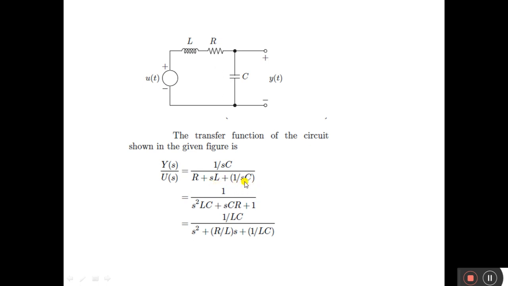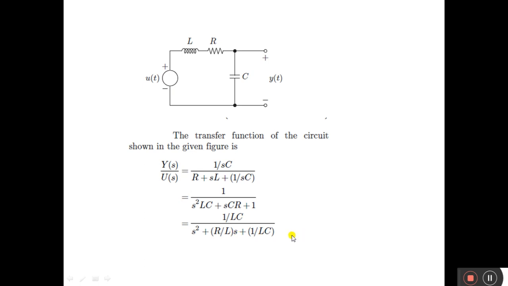If we cross multiply this sC, we get sCR plus s square LC plus 1, and the numerator sC will be cancelled. For the characteristic equation I need s square alone, so I divide by LC in the numerator and denominator. You will get R by L into s plus 1 by LC, and the division value in the numerator also, that is 1 by LC.